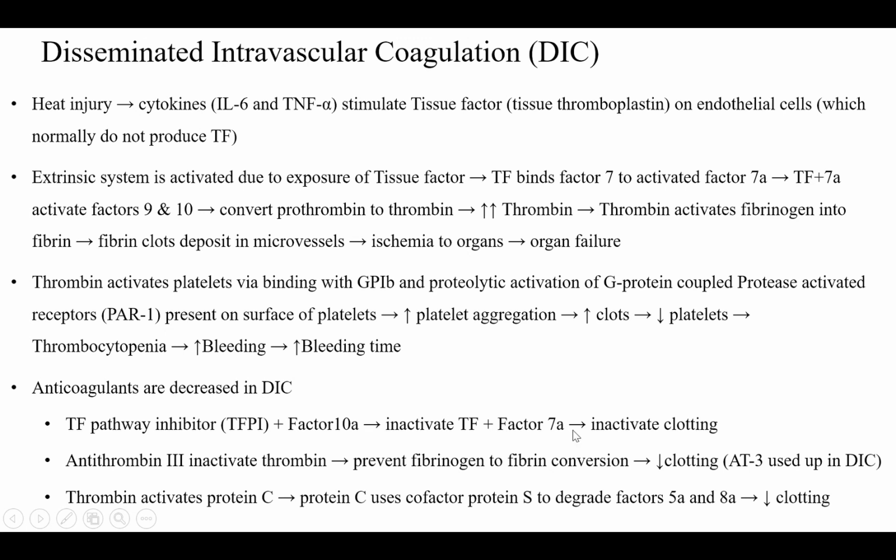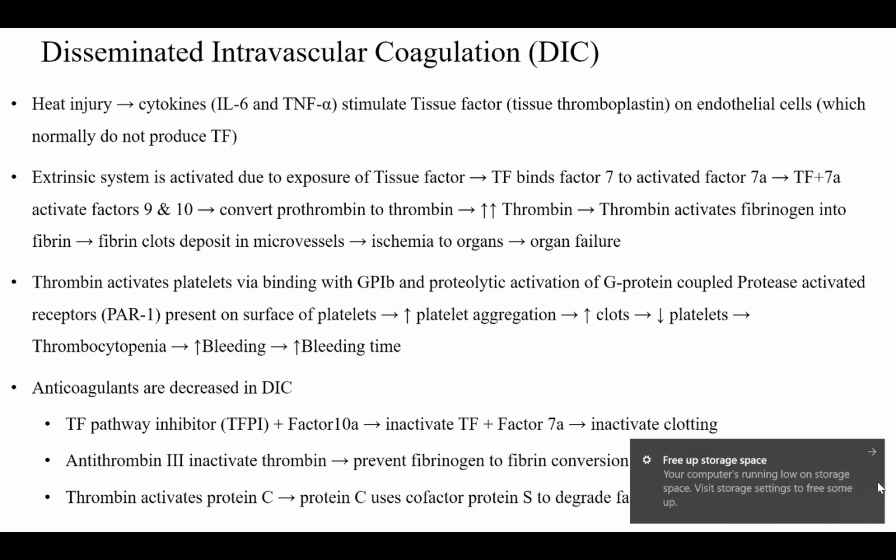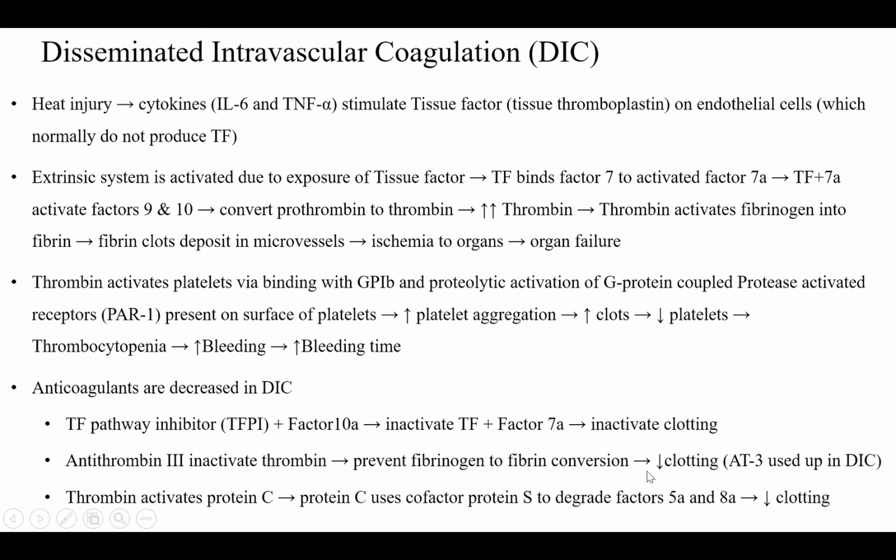So your extrinsic pathway of coagulation will be affected, and this inactivates clotting. Antithrombin 3 inactivates factor 2A, that is thrombin, and this prevents fibrinogen from being converted to fibrin, and this also decreases clotting.